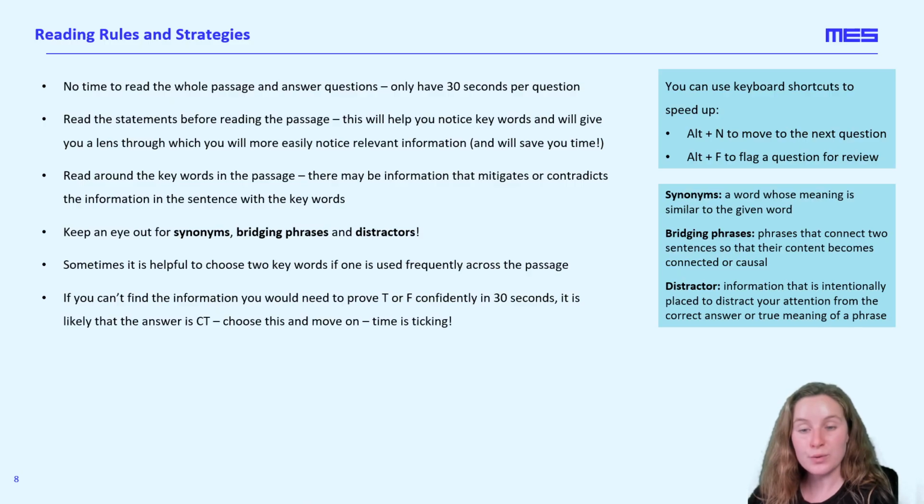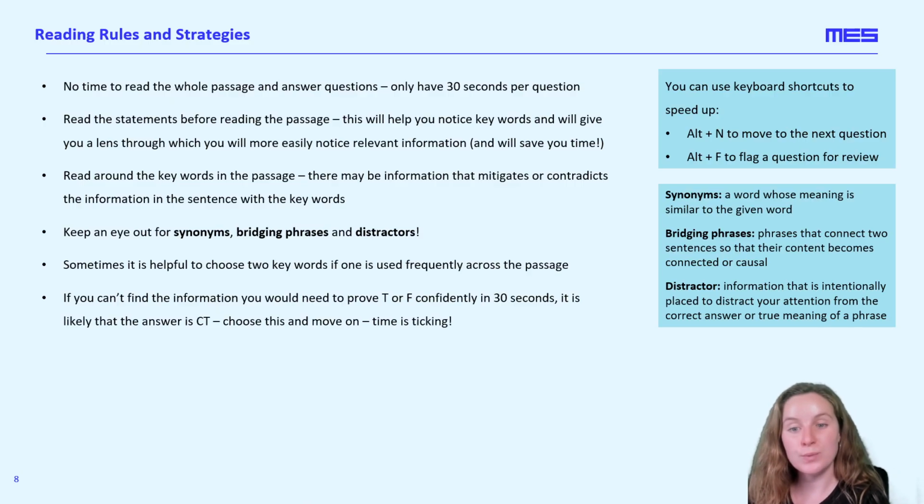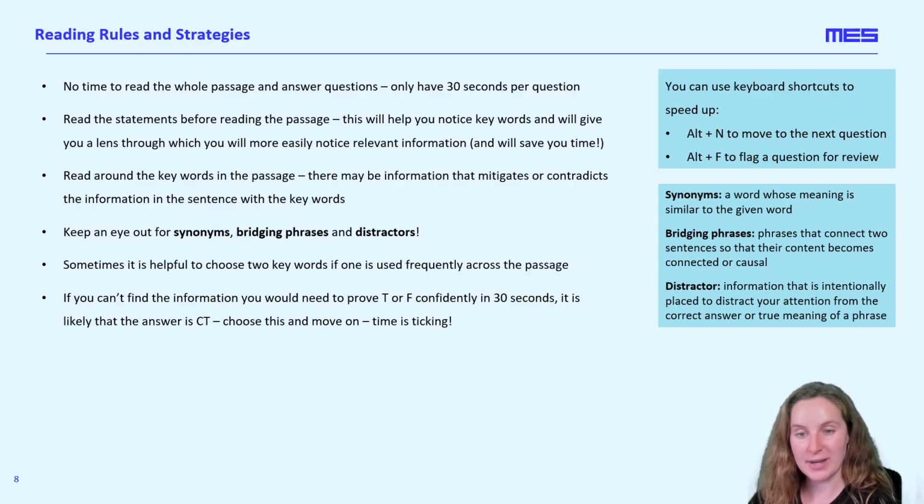It's helpful to choose another keyword from the question itself to use, so that when you're looking in the passage, you're not just looking for the Ferris wheel, if that's the topic of the passage, but also the Ferris wheel's stairs or the Ferris wheel's structure. You'd be looking for that part of the passage, and using those two words in tandem will guide you more quickly and efficiently to the correct part of the passage for your answer.